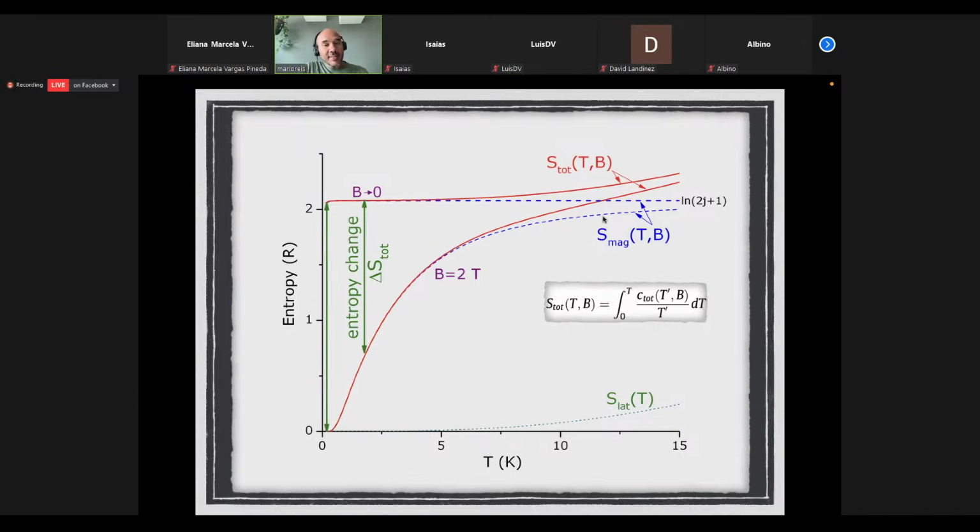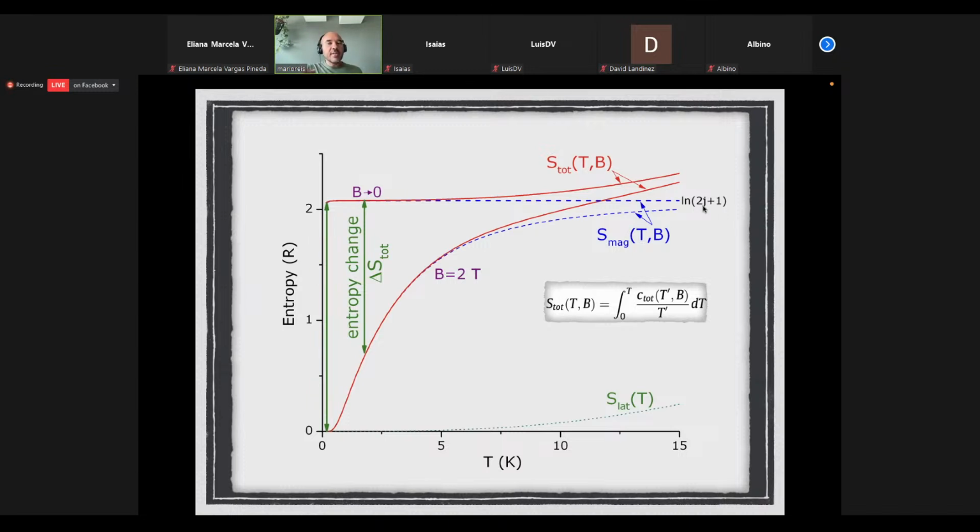And the magnetic, or the spin contribution, we have here two contributions. One with field, for this simulation is 2 Tesla, and one without field, a zero field contribution. For a higher temperature, it goes to logarithm of 2J plus 1.